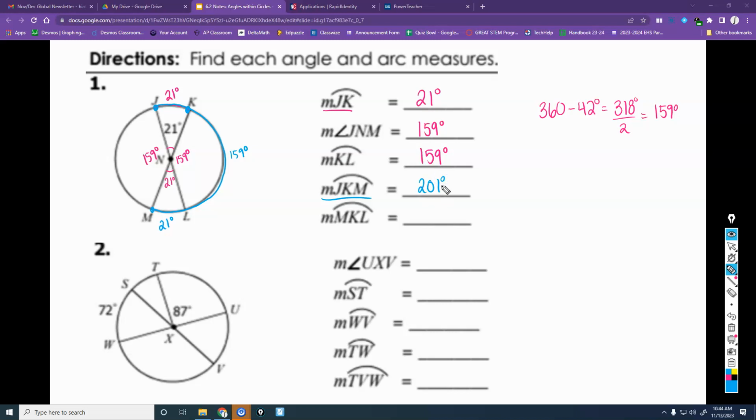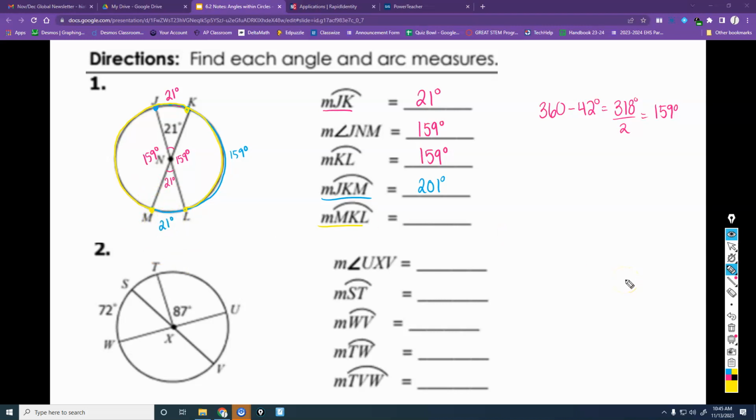And then we have MKL. We'll mark this in yellow right here. MKL. You got to go in order. So from M around to K, back around to L. It's the whole circle except ML, right?